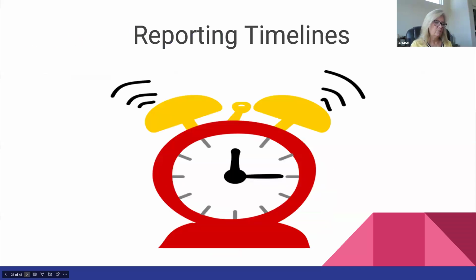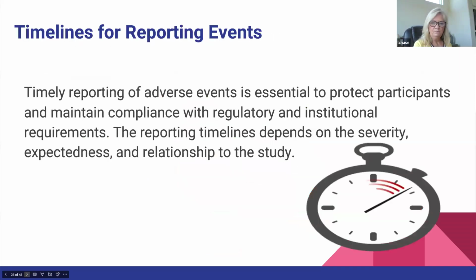And then there are timelines for reporting, and it's very important to know your timelines. Timely reporting of adverse events is essential to protect participants and maintain compliance with regulatory and institutional requirements. The reporting timelines depend on the severity, expectedness, and relationship to the study.